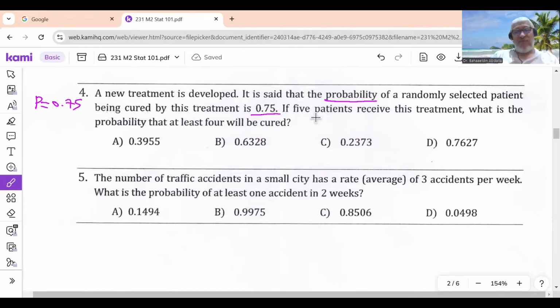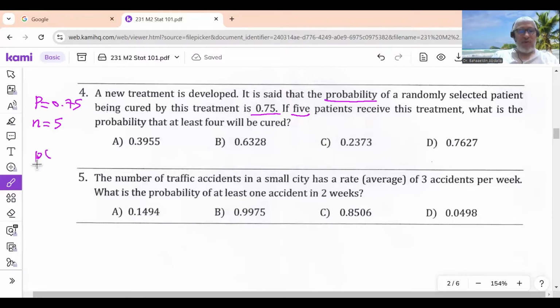If 5 patients receive this treatment, so this is the number of patients, we can call it N. So we understand if we have a number and a probability, this experiment follows the binomial distribution, and in the binomial distribution, we have N and P. What is the probability that at least 4 will be cured?